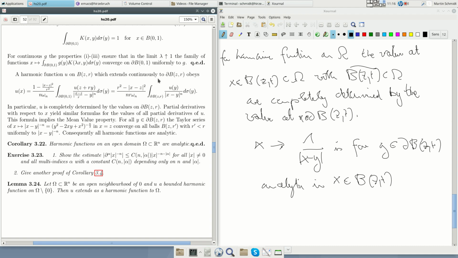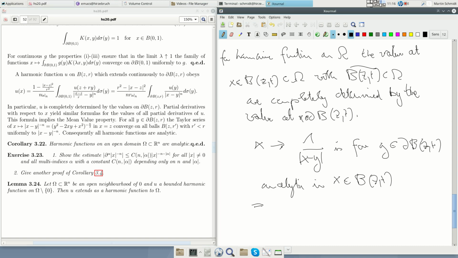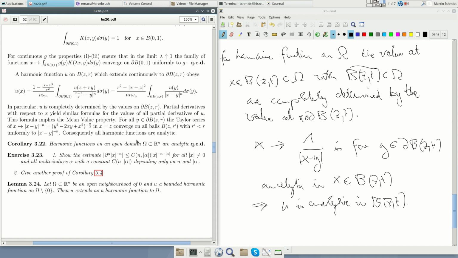And this now implies by this formula that u is analytic in this ball. And this means every harmonic function on an open domain is analytic.